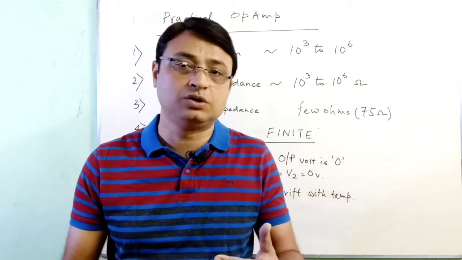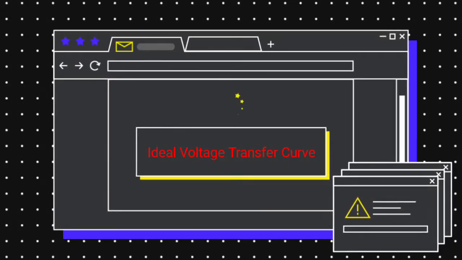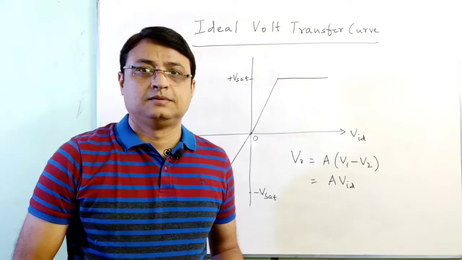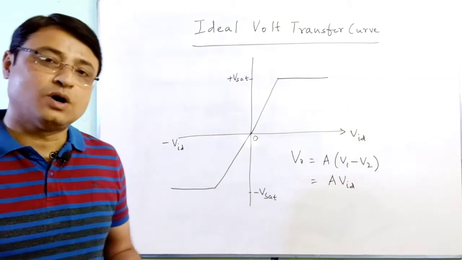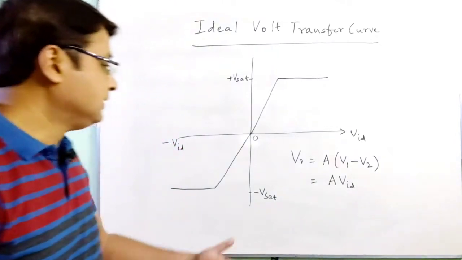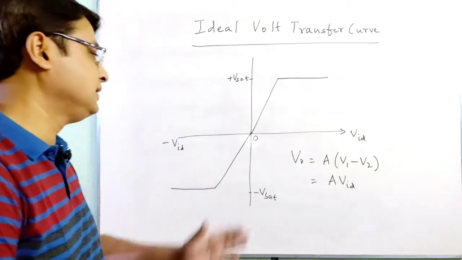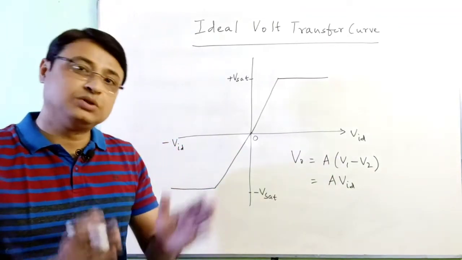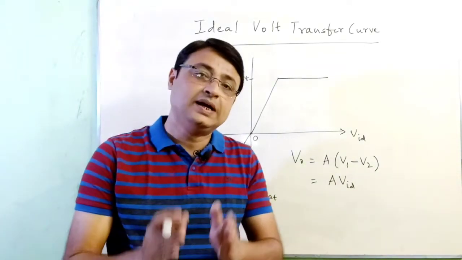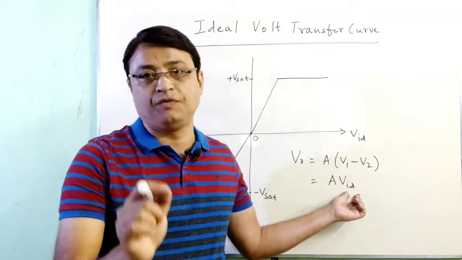So let's move on to our third topic, the ideal voltage transfer curve of an op-amp. Here this is the output expression for an op-amp: V0 equals A into (V1 minus V2). Now V1 minus V2 is known as the input difference voltage, or VID.